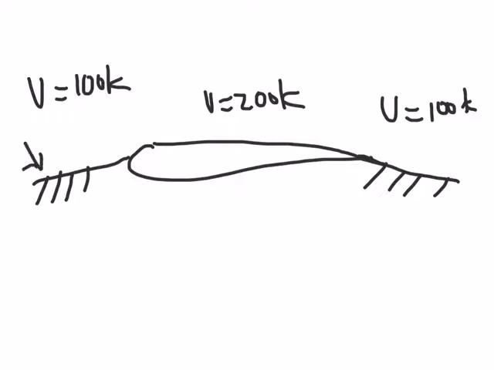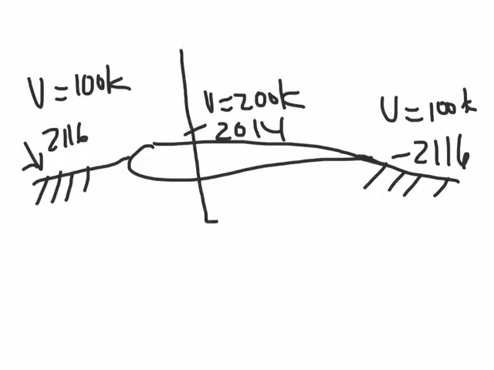Pressure here is 2116. Pressure here is 2014. And the pressure here is 2116. So what Bernoulli is doing is quantifying the center cross-sectional piece.